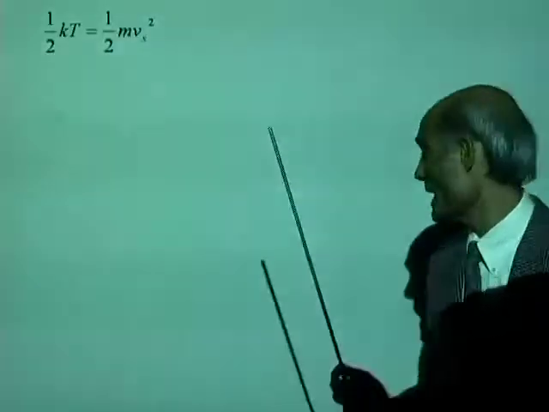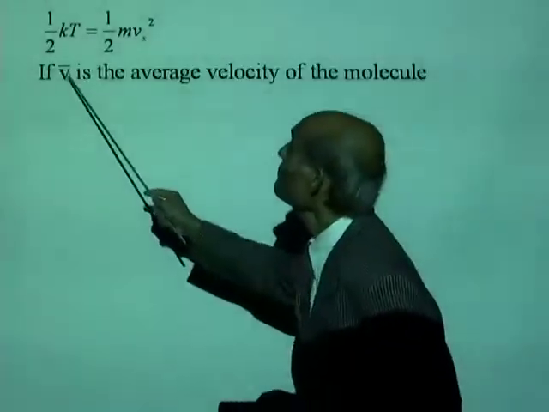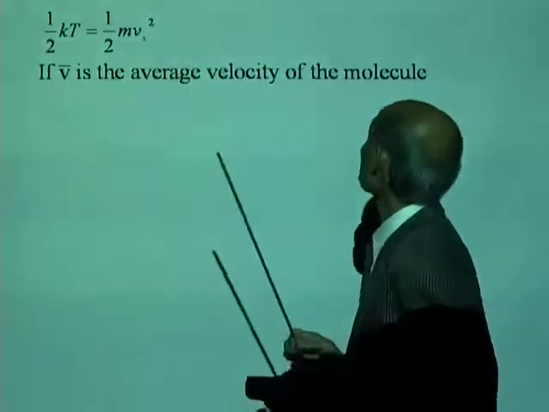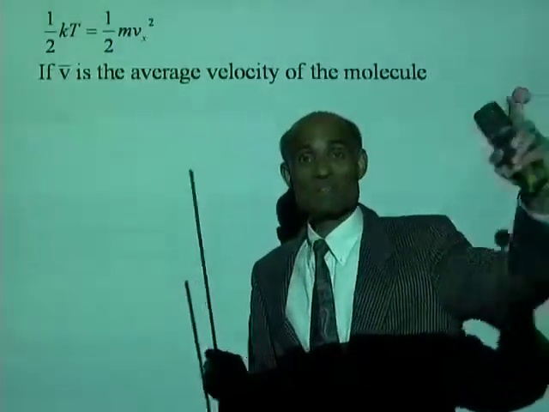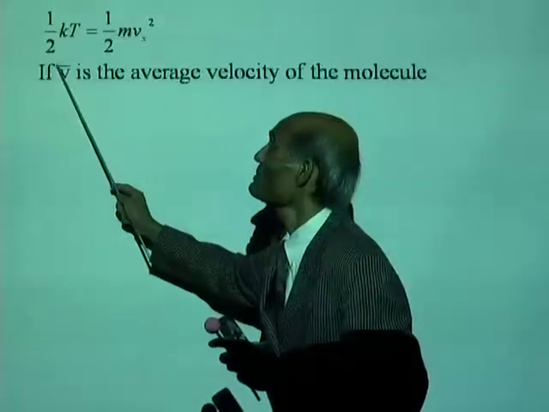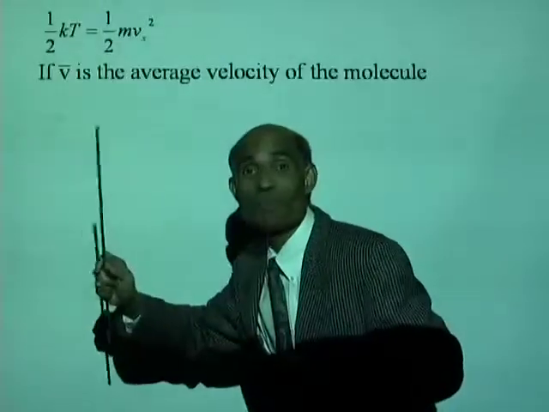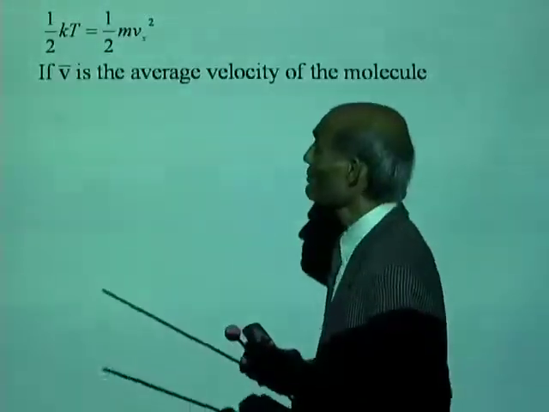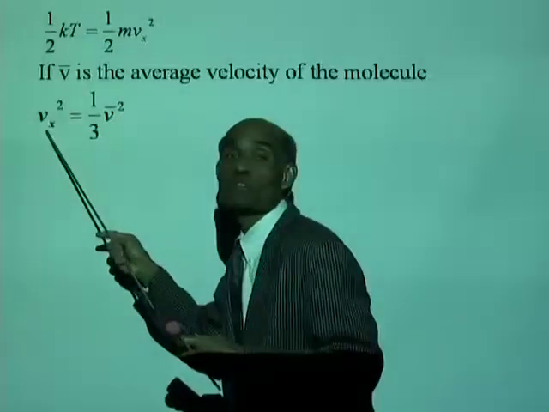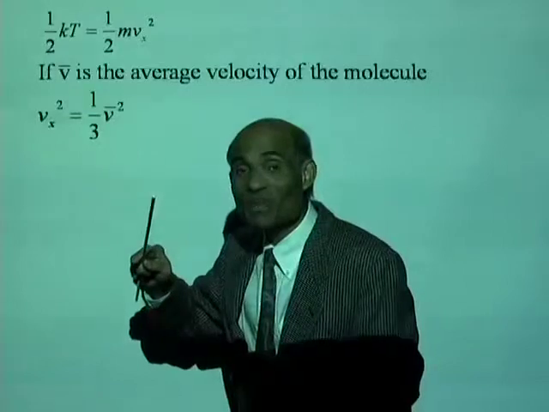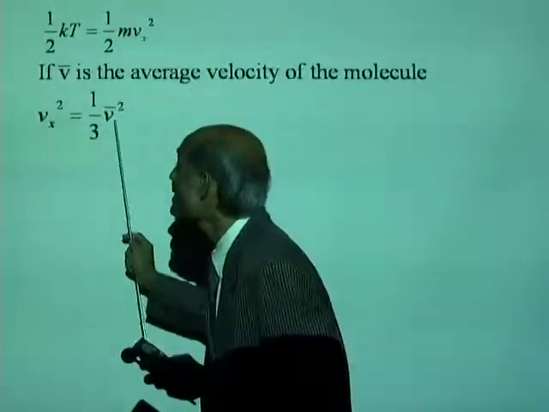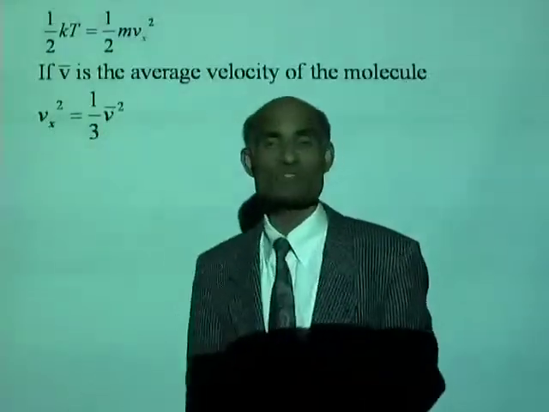So how do we write that? If v bar is the average velocity of the molecule, you remember we started with that assumption, then this vx squared, the velocity in the x direction, is 1/3 of that v bar squared.